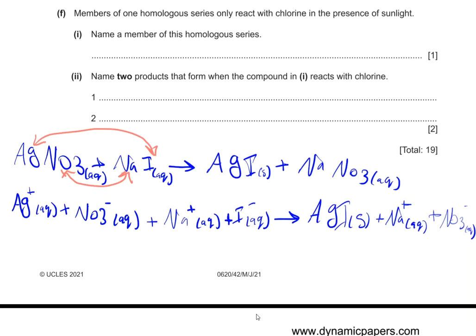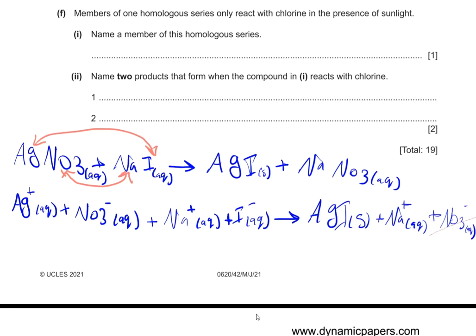So if we look at this whole reaction, we can see that there are some spectator ions, which do not change in the reaction. They enter the reaction as ions and end the reaction as ions as well. Like the nitrate, which started as an aqueous ion and ended as the same aqueous ion.